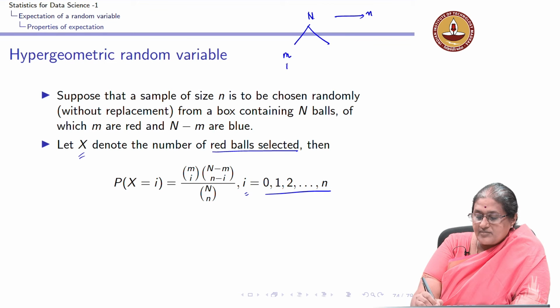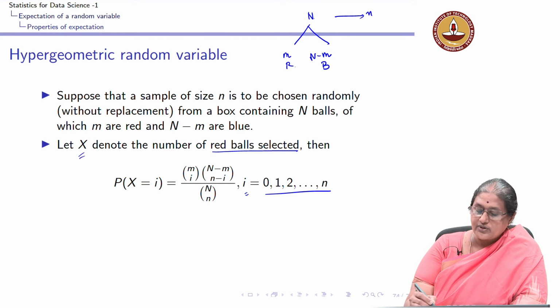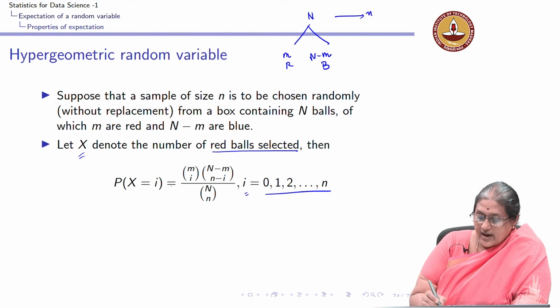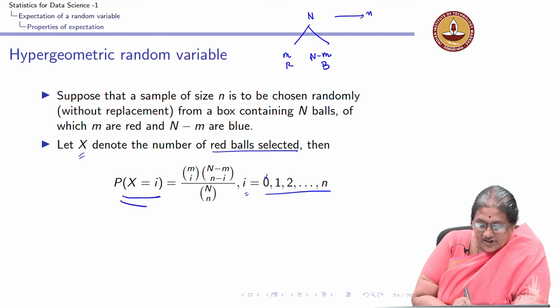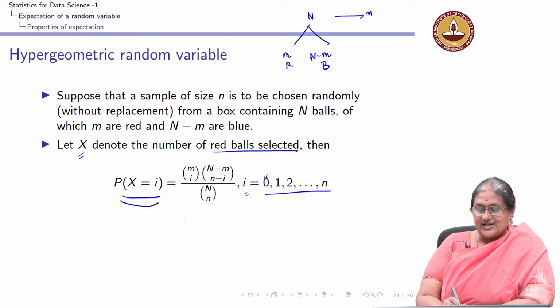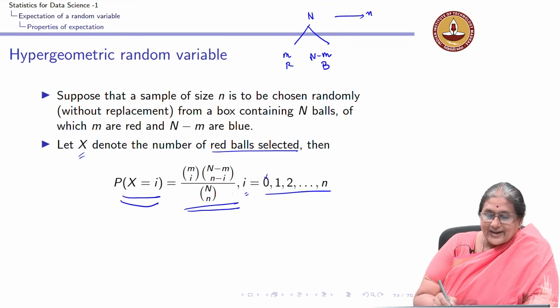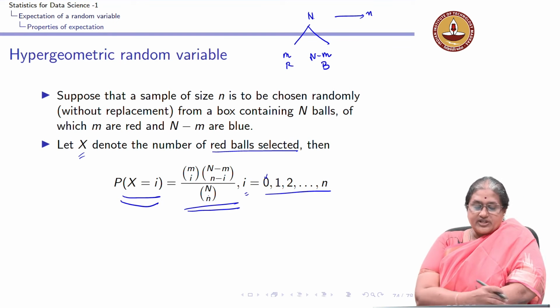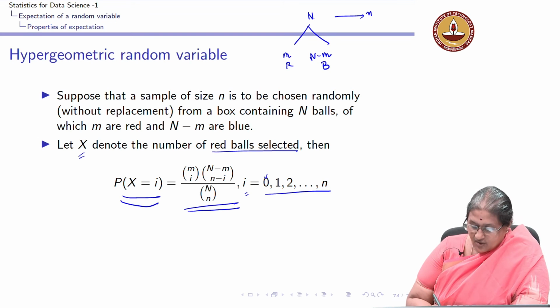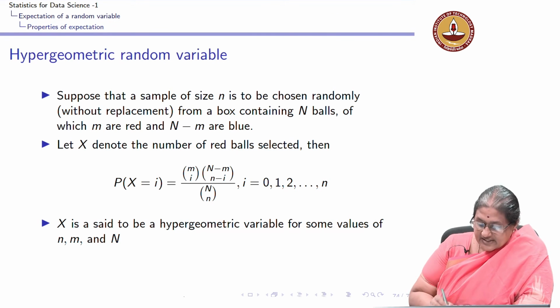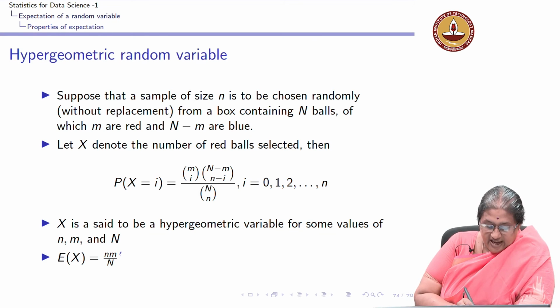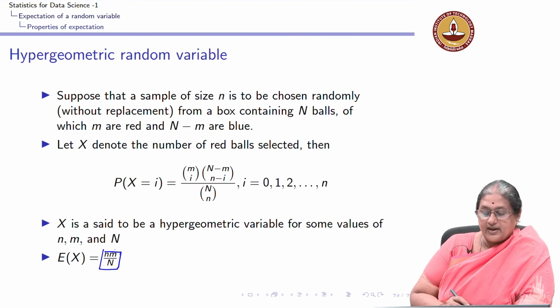In this I have m red and n minus m blue. So, I could have all n red balls, or I could have all n blue balls, so I could have 0 red balls. The probability mass function, or the probability distribution, is given by this expression. How we get this expression will be discussed in tutorials, but this is the expression. And you can also verify that the expectation of x is n into m by N.